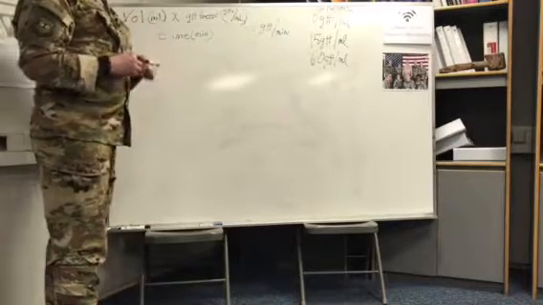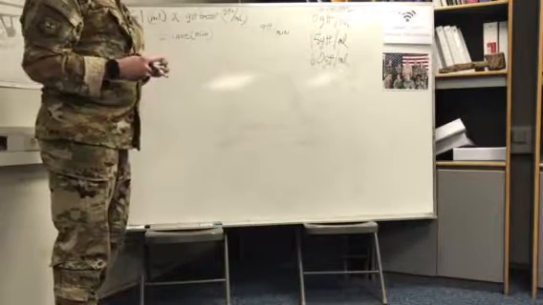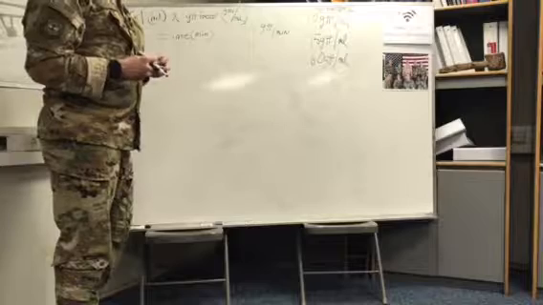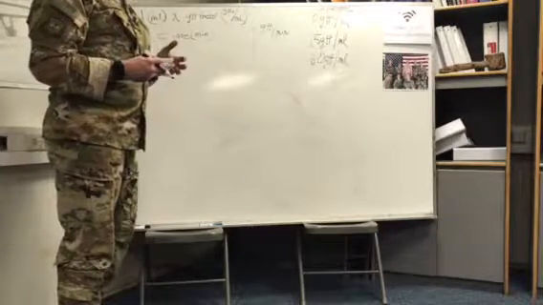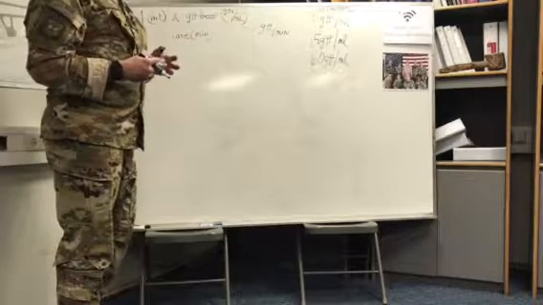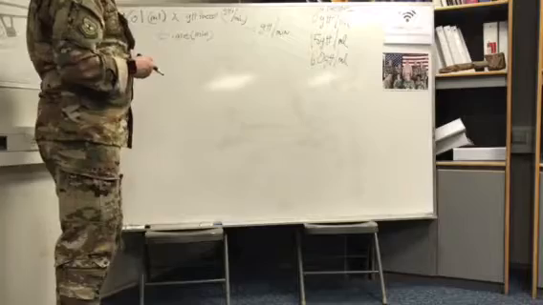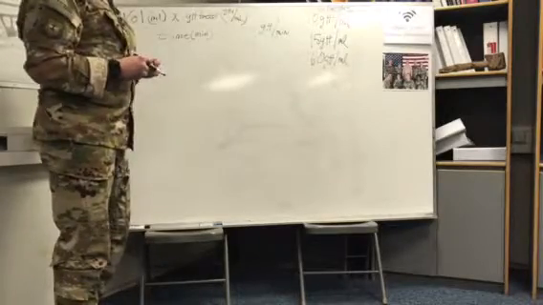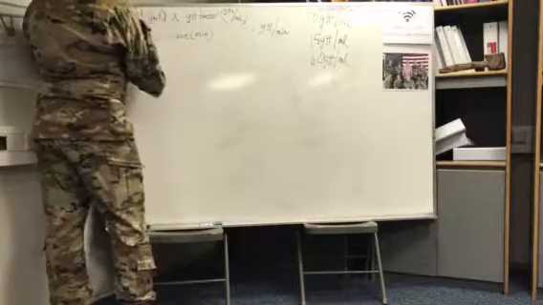So you may get an order that says infuse 2 liters over 2 hours. Well, I need that to be at an hour, so I want 1 liter over 1 hour, and then I need it to be in milliliters, so I need 1,000 milliliters over 1 hour. So those are some of the conversions that you need to make ahead of time. But if I take my drip factor, I'm going to leave my volume here alone.